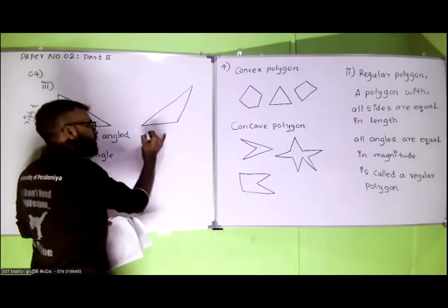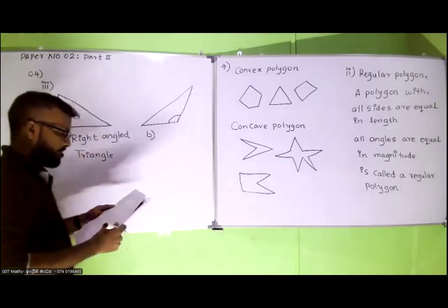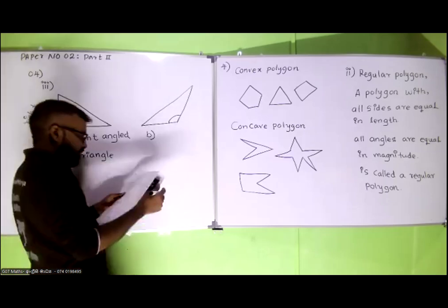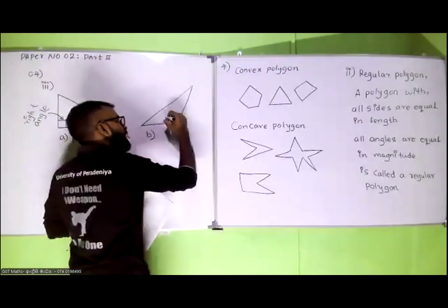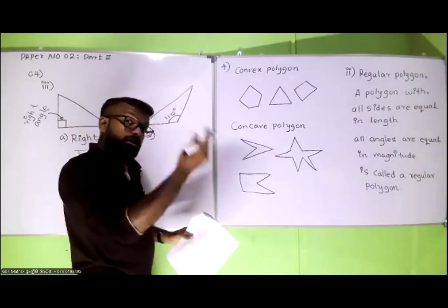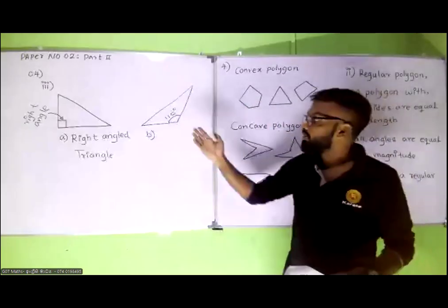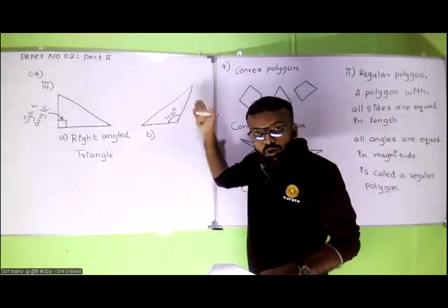What is this called? Obtuse angle. Super. One of these angles is 110, more than 90 degrees, which means it is an obtuse angle.